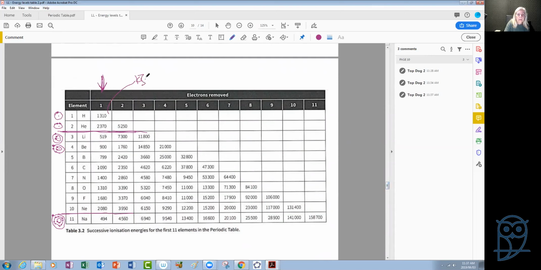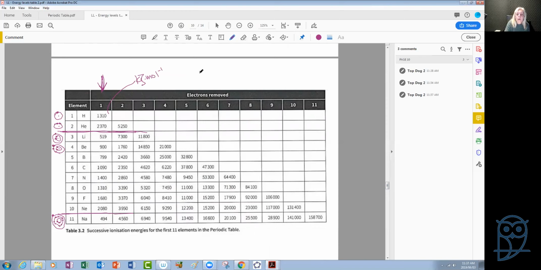These values are actually kilojoules per mole. Why? Because in order for us to compare these ionization energies that we need to supply to remove the first electron from these atoms, to make it a fair comparison, a fair test, the samples that we use are atomic samples.